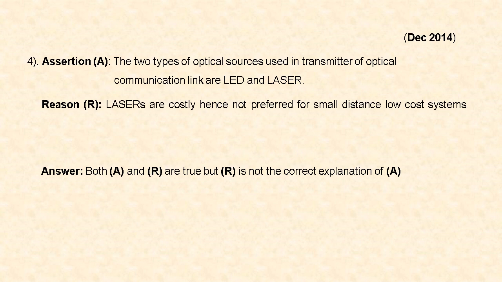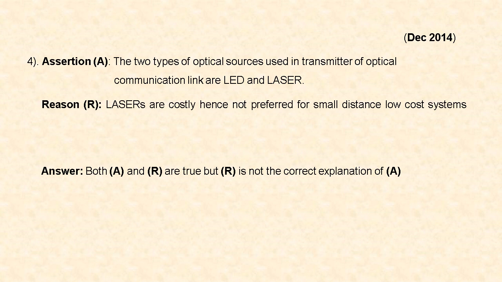Next question. This question was asked in December 2014. Assertion. The two types of optical sources used in the transmitter of an optical communication link are LED and laser. Reason. Lasers are costly and hence not preferred for small distance low cost systems. Here we know that the two types of optical sources used in optical communication are LED and laser.